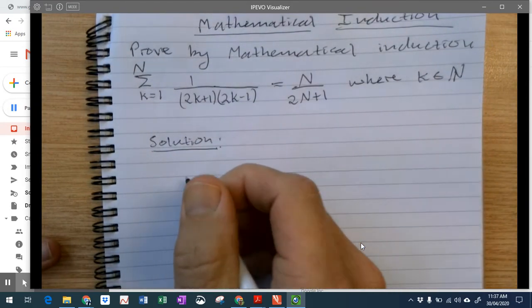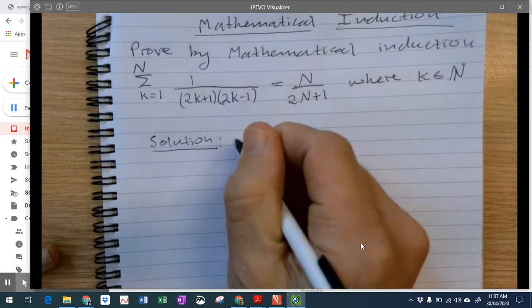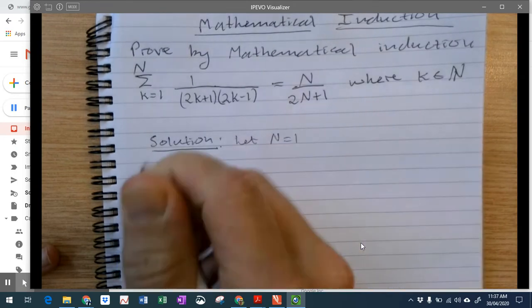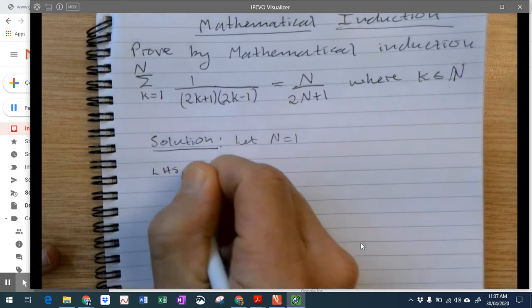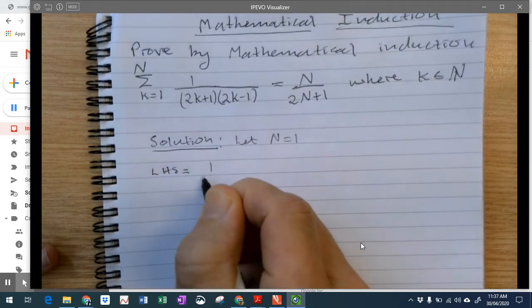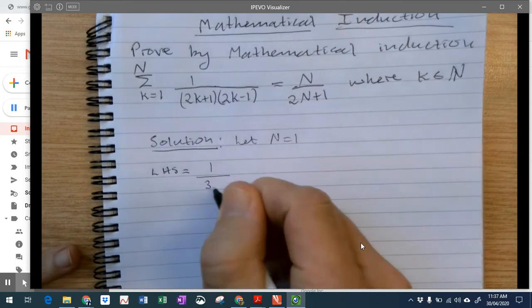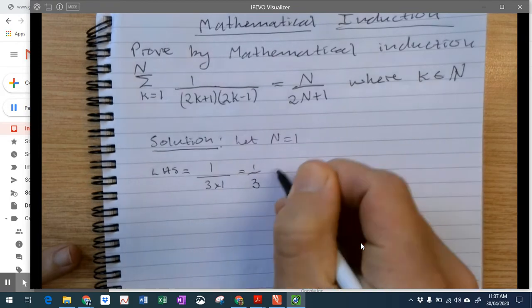So, you've got to start off with n equals 1. Okay, n equals 1. That means on the left-hand side, you'll have 1 over 3 by 1, which is equal to a third.